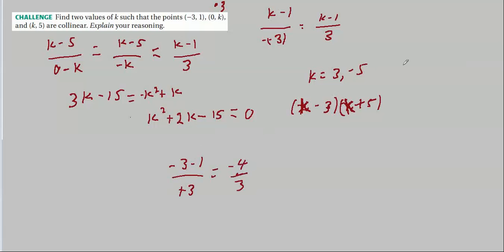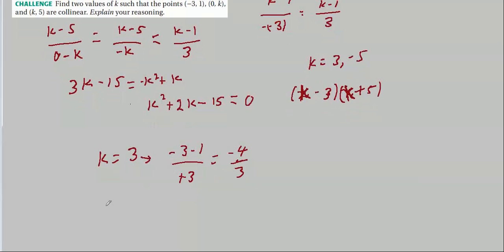What about when k is minus 5? I should have done it like I knew what I was doing. k equals 3 leads to this. What does k equals minus 5 lead to? Minus 5 minus 1.